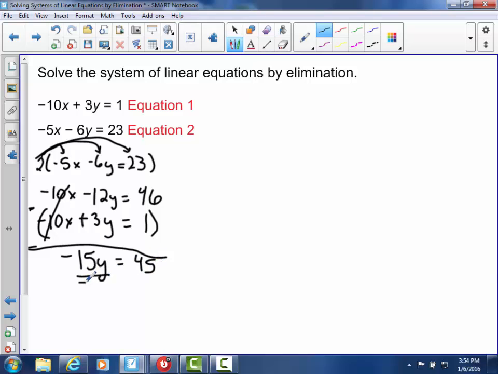Then we divide by negative 15, and we get that y equals negative 3. Go to either of our originals. Now I'll do equation 2. So negative 5x minus 6 times negative 3 equals 23.